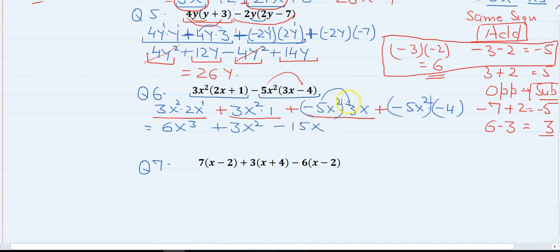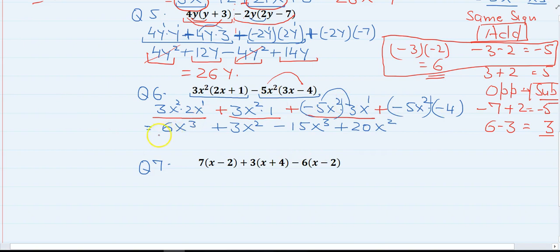X to the power, this is 2 and this is 1. So x to the power 3. There are two negative signs. So negative and negative is positive. You have to do a little bit of practice and it is easy to know what sign will be there. 5 times 4 is 20 and there's only one x, that is x square.